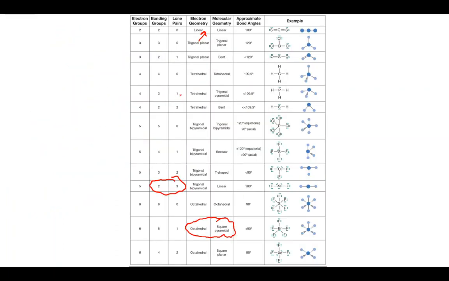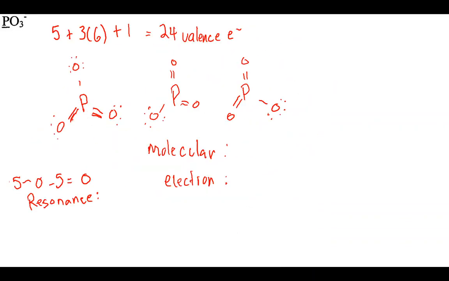If we go back and look at our table, if we have 3 groups, 3 bonding groups, 0 lone pairs, that means our electron and our molecular geometry are both trigonal planar. So in this case, it'd be trigonal planar and trigonal planar.